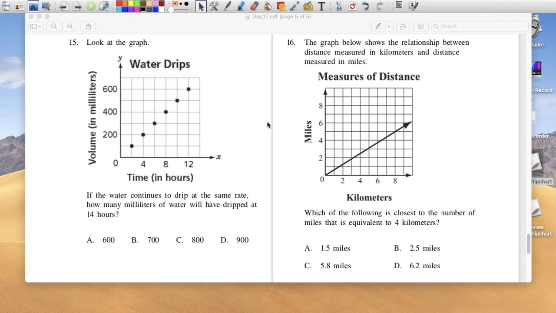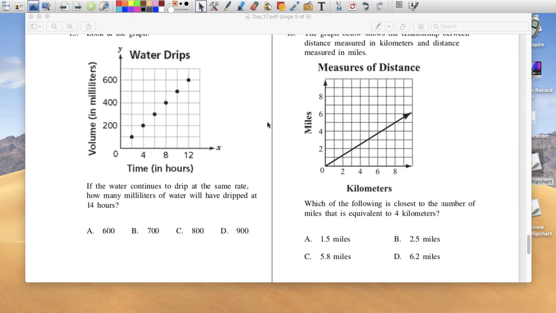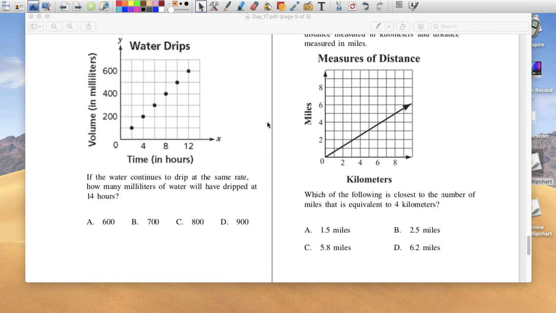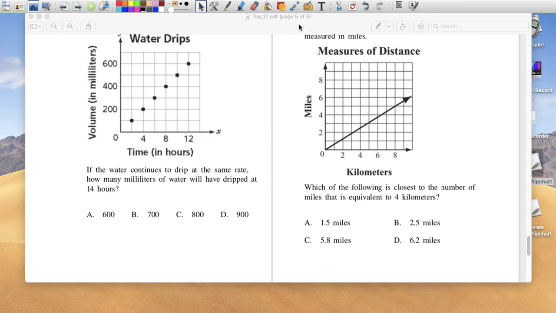Last question. The graph below shows the relationship between distance measured in kilometers and distance measured in miles. Is there anything here that's precise? Which of the following is closest to the number of miles that's equivalent to 4 kilometers? So 4 kilometers.